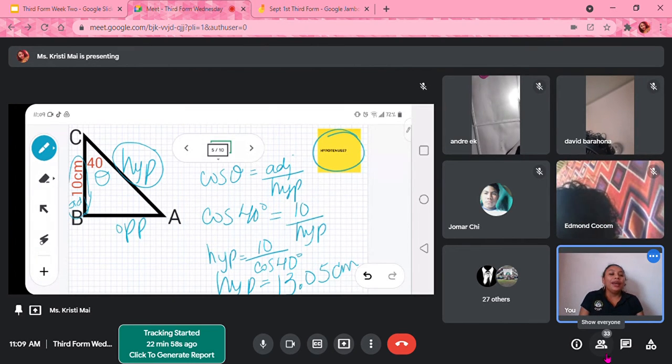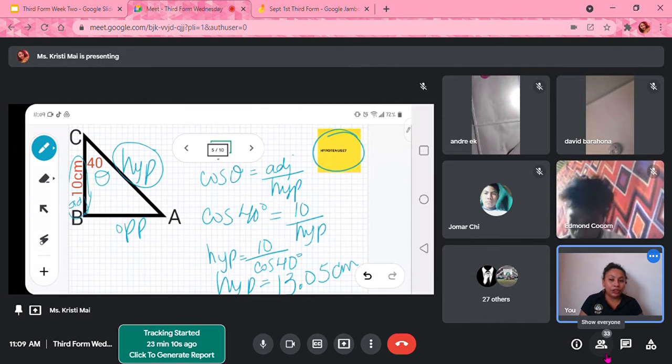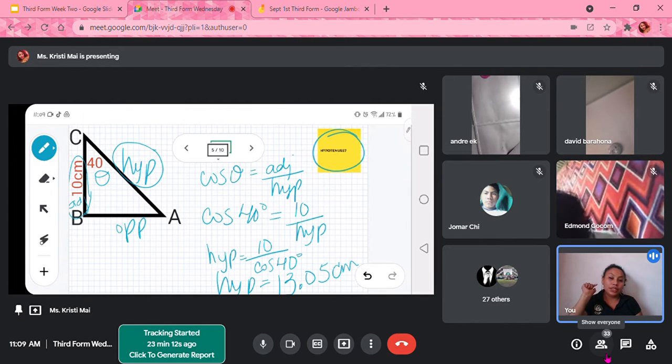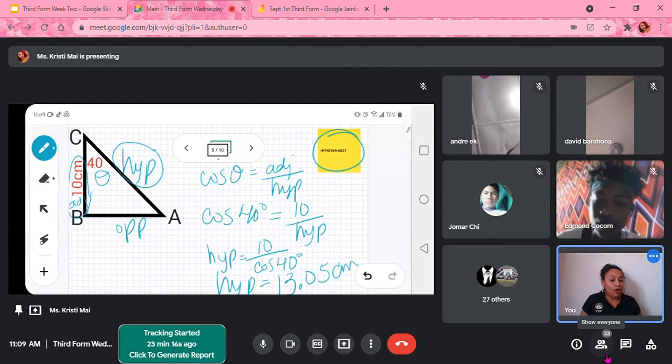Now, a little hint on how to be able to identify if your answers are correct or not. If you are looking for the hypotenuse, usually your answers are bigger than the adjacent and the opposite. So if you notice in this case, the adjacent is 10, the hypotenuse has to be a number bigger than 10, right? Or else you will have an abnormal triangle.